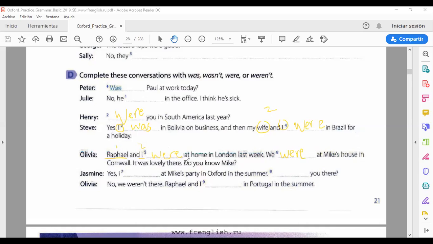It was lovely there. Do you know Mike? Okay, now if you pay attention here in this one, it says we were at Mike's house. Therefore, this has to be negative to make sense. Rafael and I weren't at home in London last week. We were at Mike's house, okay? See? Okay, now the last one.